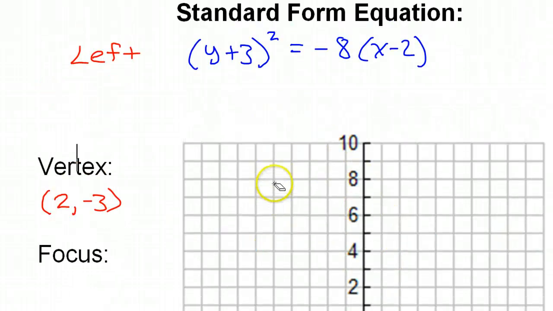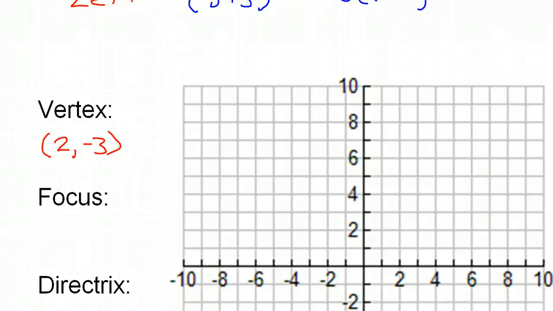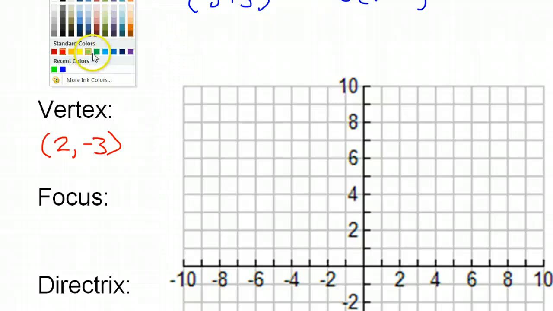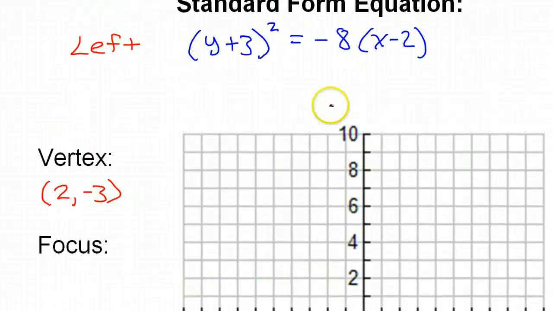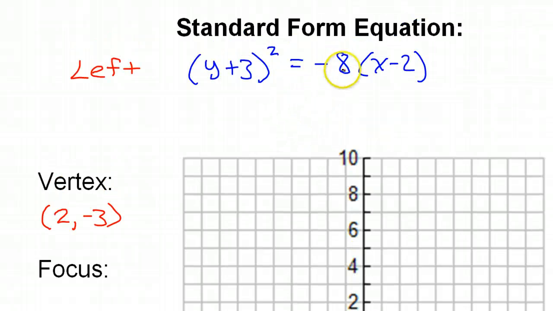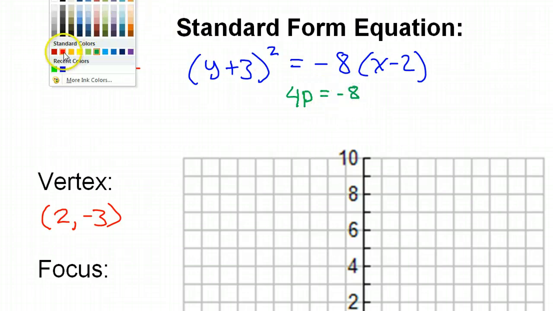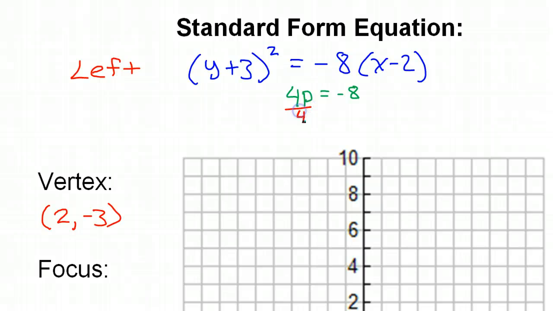Alright, anyway, we're supposed to find the focus now. But in order to find the focus, we need the p-value. So remember this, 4p is equal to negative 8. So if I were to divide both sides by 4, I would get that p is equal to negative 2.